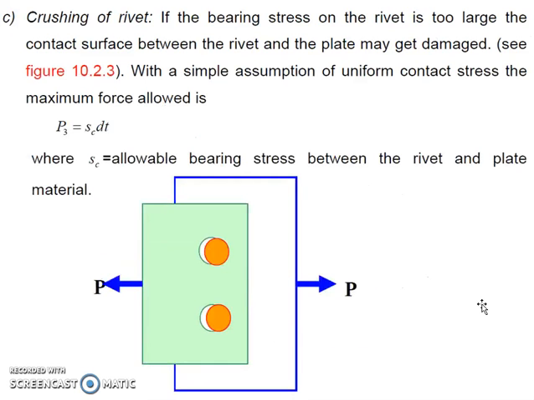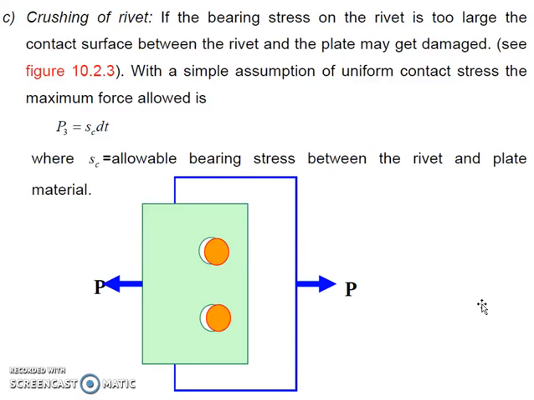The third failure type we're looking at here is the crushing of the rivet. When the load applied onto a rivet is so large that the surface between the rivet and the plate gets damaged, it's very much like having a pen go through a piece of paper and then pulling it out.